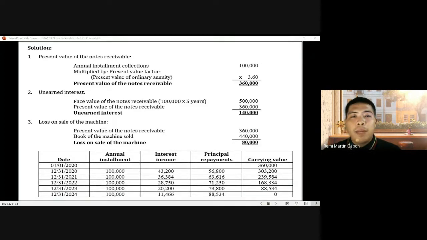Then do the same process until we reach December 31, 2023, with 88,534. For the last figures, we will just adjust. So please multiply 88,534 by 12% to see if it equals 11,466 here. How much would that be?